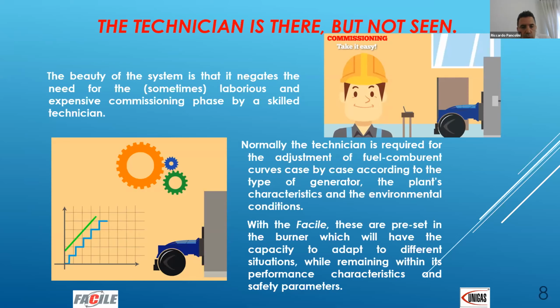How is it possible to do it? Because there are some flow curves inside the memory of the device, the mind of the control, that we made here in our lab for each model. And on the plant, the system can find the position of the actuators according to the mass flow curve, according to the calorific value of the gas, and so on, in an automated way.